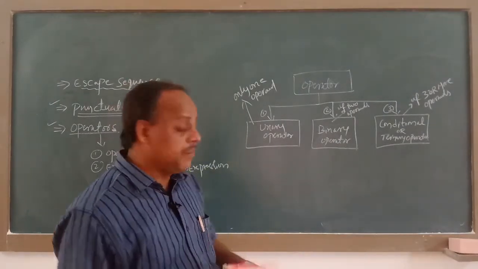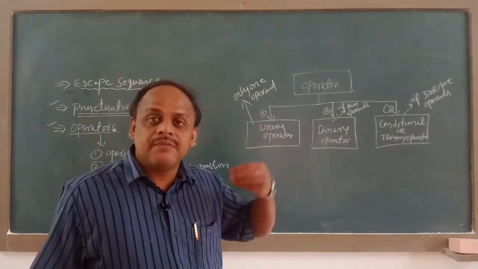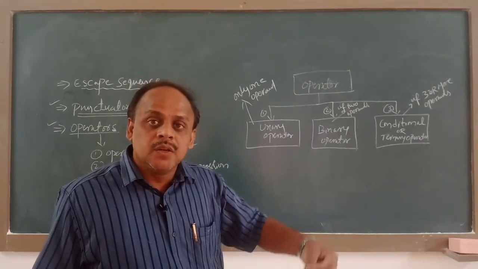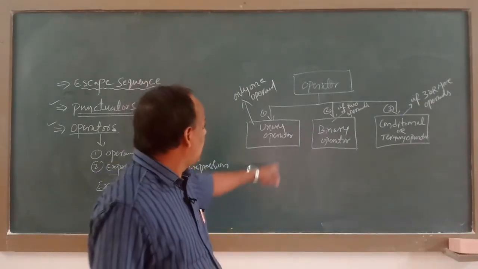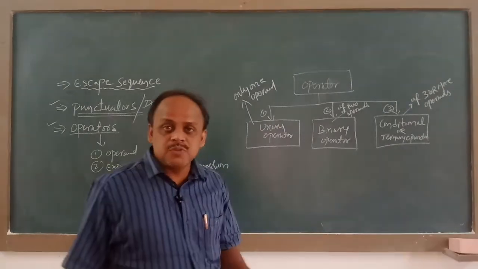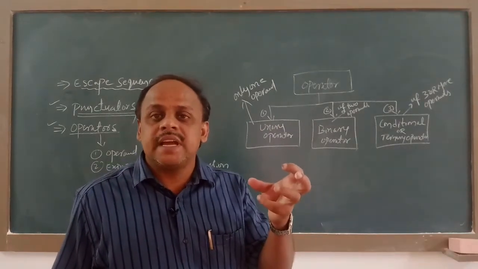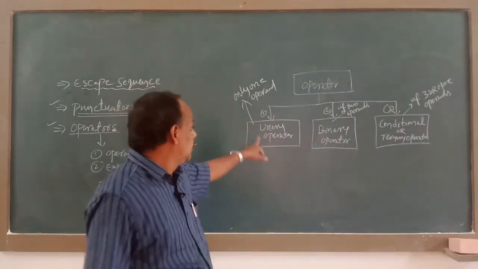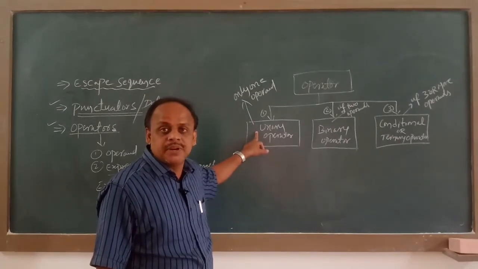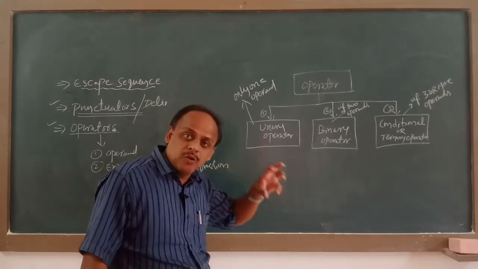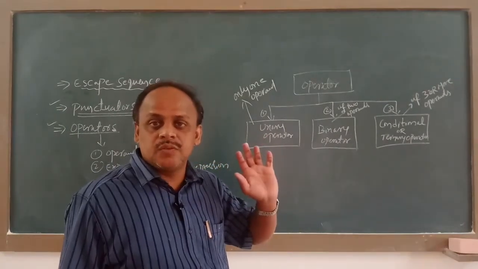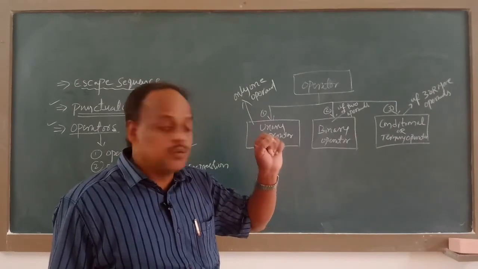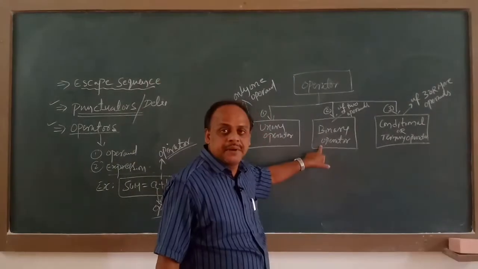Depending upon the number of operands, we classify operators. Suppose we have only one operand, then we have to use only unary operators, then only the operation is possible. Suppose we have only two operands, then we have to use only a binary operator.